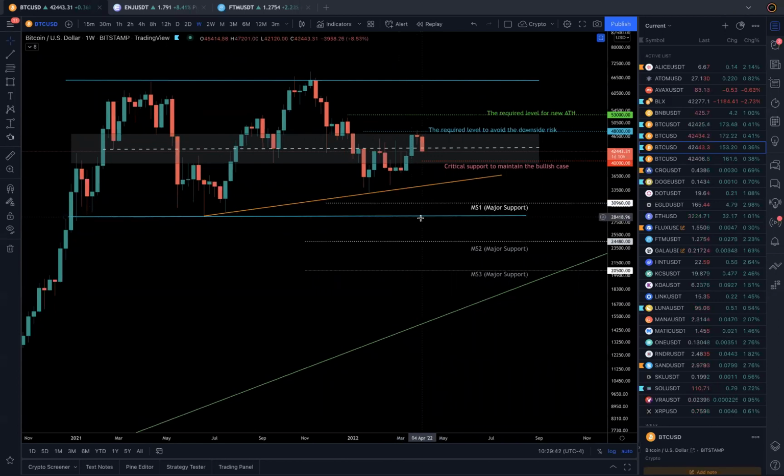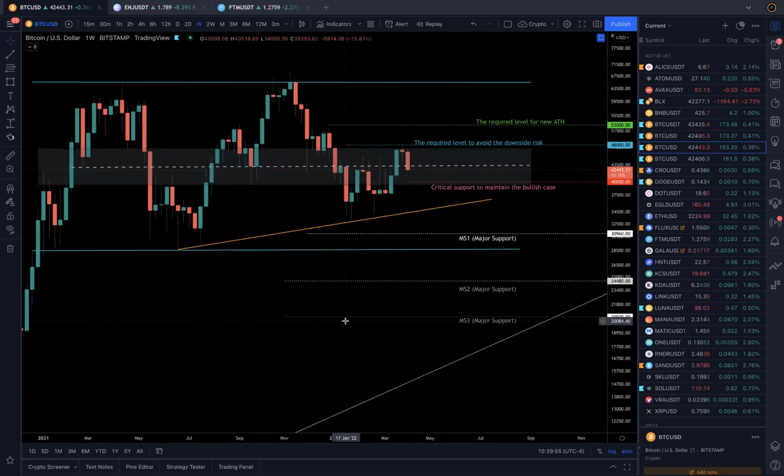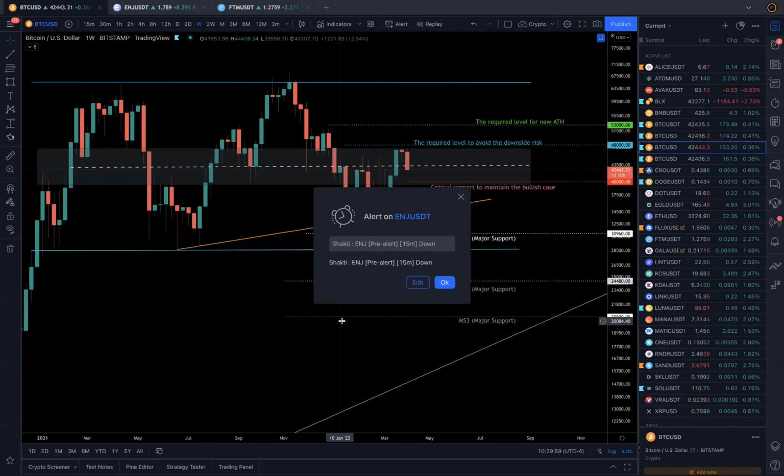I'm going to show you another fractal, similar, not the same, but very similar, and you will appreciate that. It also tells you why 40K is so important. There are multiple reasons why everything is kind of coming down to 40K.